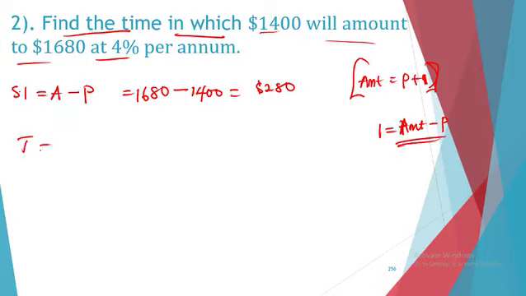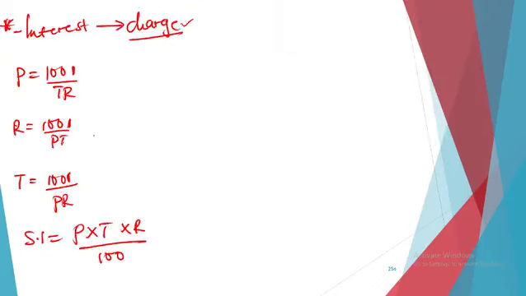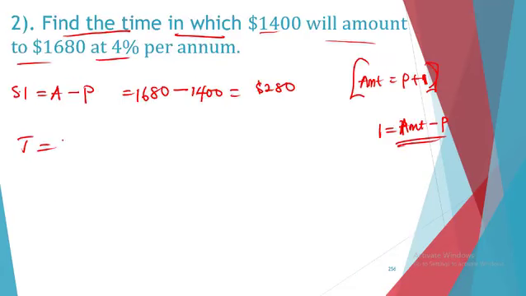Then our time, I told us that this is the formula we use: 100I all over PR. So we have 100 times our I, which is 280, the simple interest, all over P. What's our P?